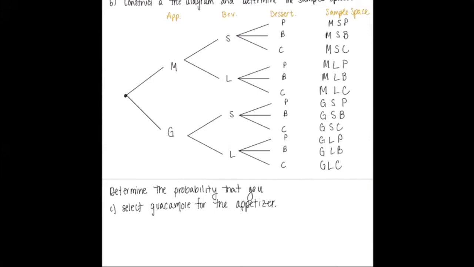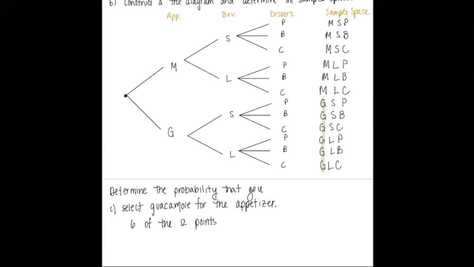So how many points are in our sample space? 12. And how many of them do you select guac for? 6. Okay, so these 6 out of 12 give you guacamole as an appetizer. So what would your probability be? 6 over 12? Perfect.